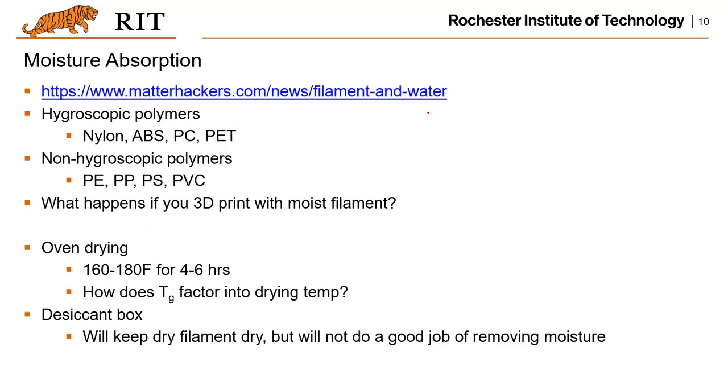So for the filaments, moisture absorption could be a problem. If you look at what we have in the lab, especially the nylon material for the Onyx machine, what we usually do is keep them in a closed box instead of letting them be exposed to the air. The reason is these plastic materials will absorb moisture, and that will introduce problems for the printing.